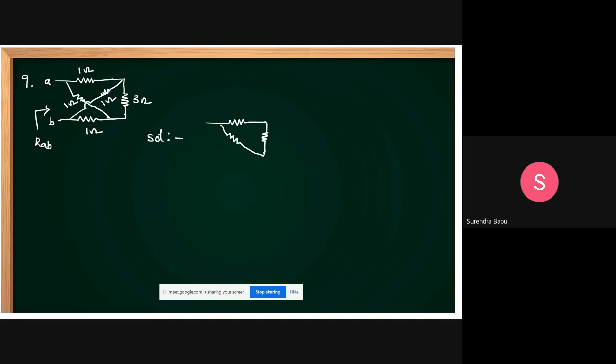You make this because there is no connection between this and this one. Next, I will give you one more method of how to draw the bridge. You bring this terminal this side. Please concentrate. This is 1 ohm. But here there is no connection between this and this.